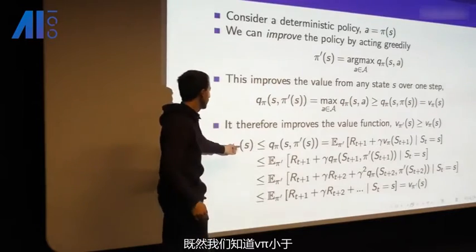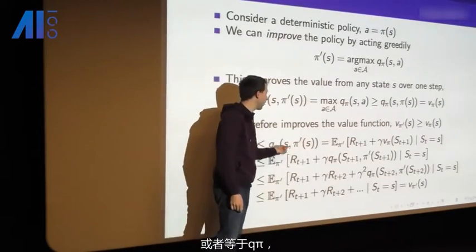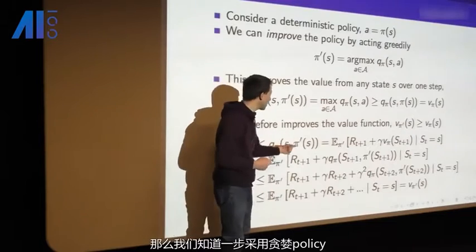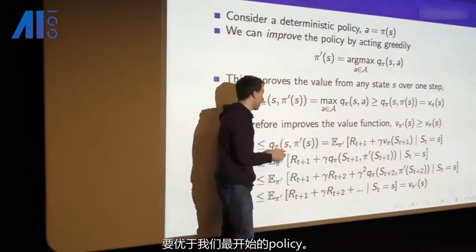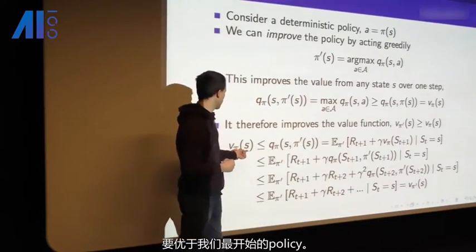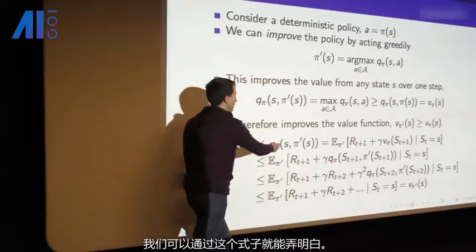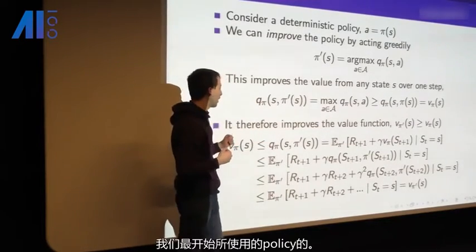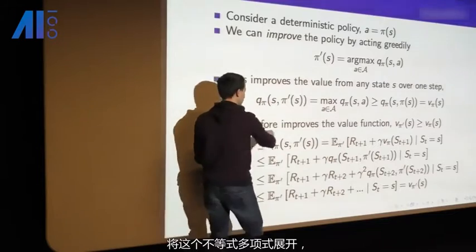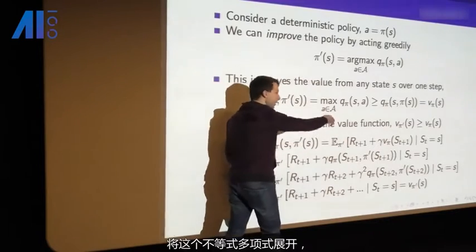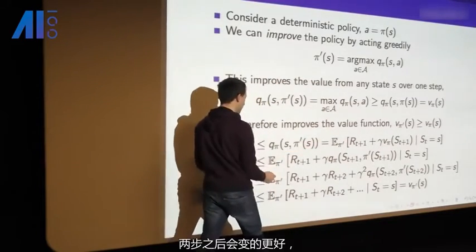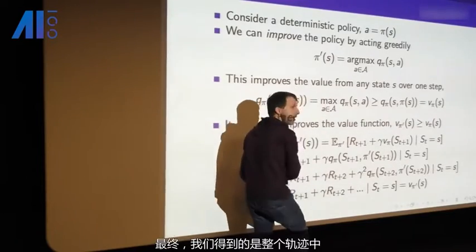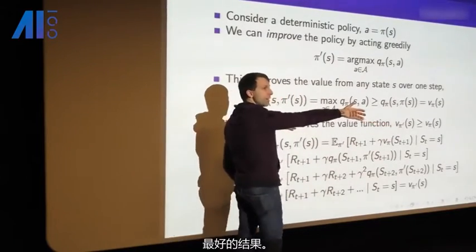So taking our greedy policy for one step is better than the thing we started with. And all we're going to do is unroll this inequality multiple times to show, first of all, that it's better for one step, then for two steps, then for three steps, and then eventually that it's better for the whole trajectory.